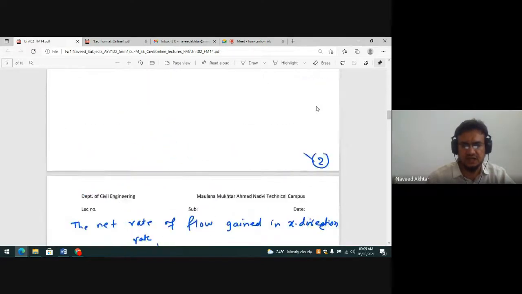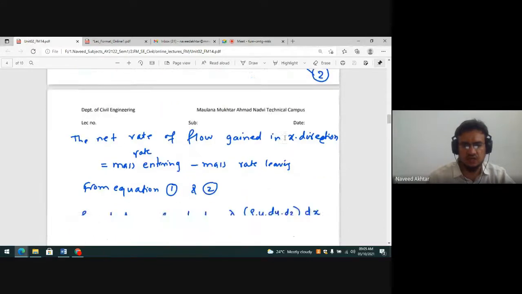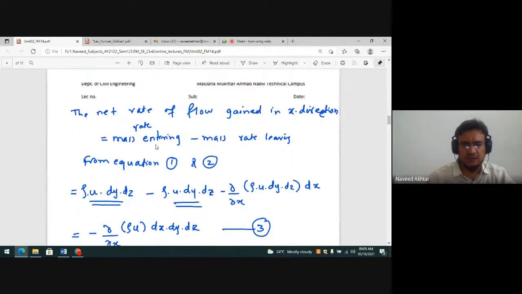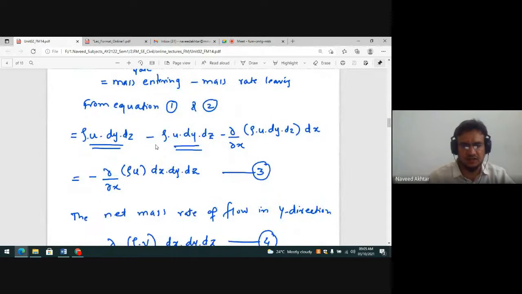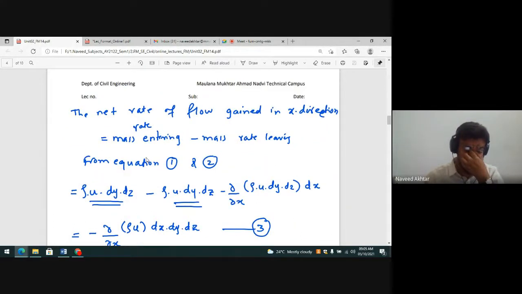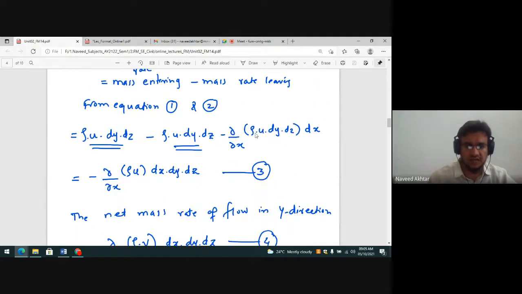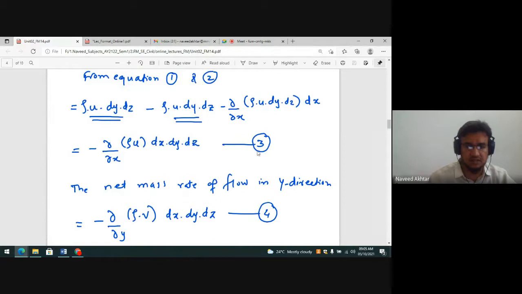We have seen here that is equation 2, and then for another case also you can find the net rate of flow gain in the y direction. You can find out the mass rate entering and mass rate leaving. So from that you can get this equation number 3, that is dou by dou x of rho u into dx dy dz.